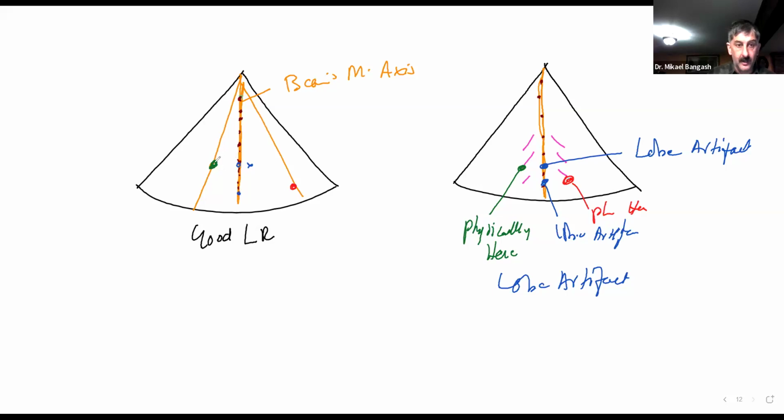The reason that this structure, which physically is here, appears here, and this one being here appears here, was because of the lobes. Did you guys get that?